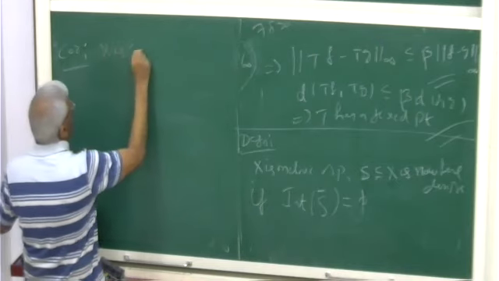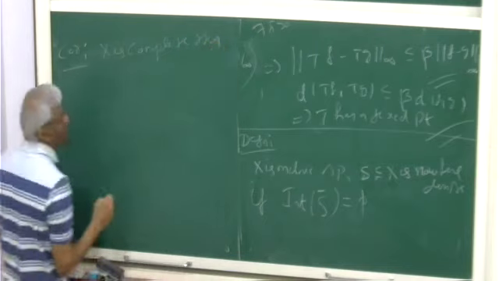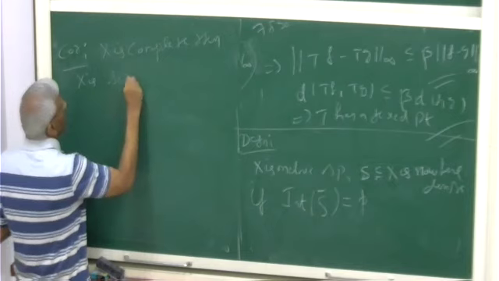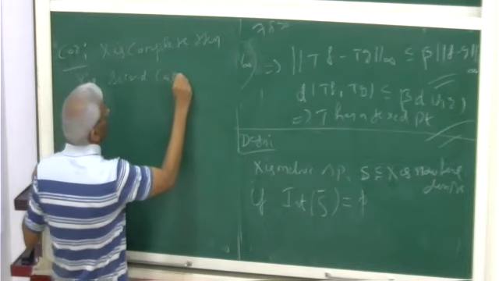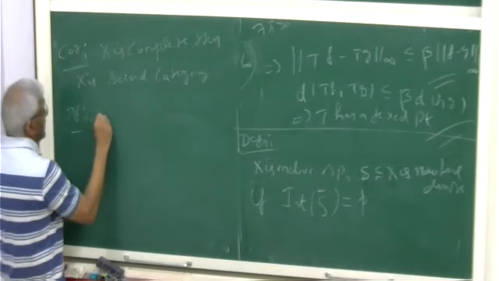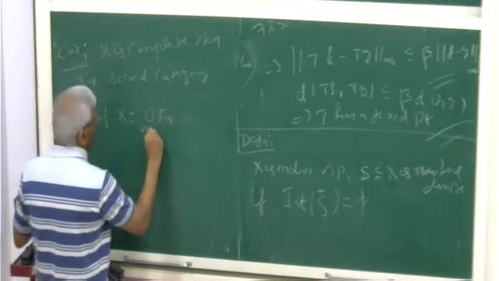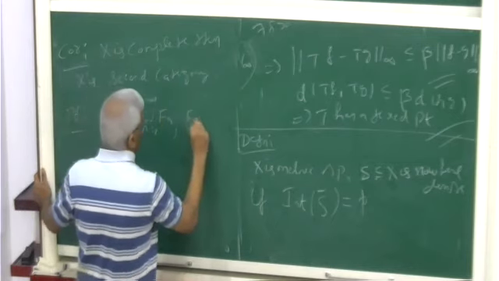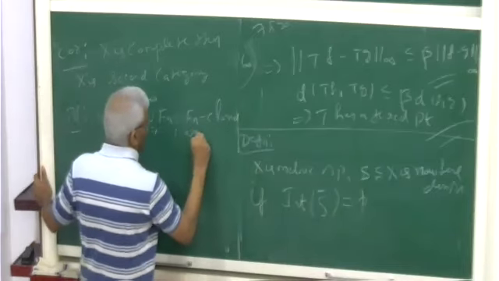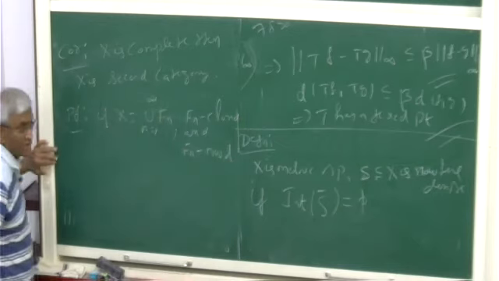Corollary: if X is complete, then X is of second category. Proof: suppose X is equal to the union of Fn, closed and nowhere dense.